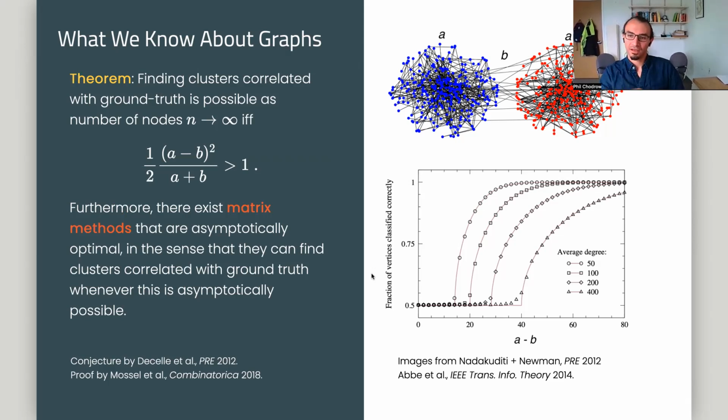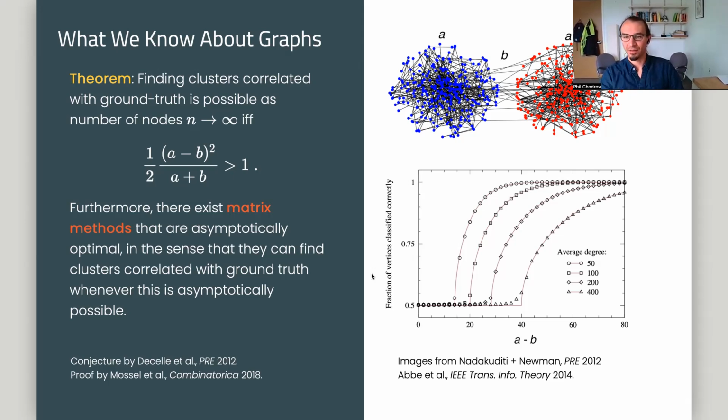Folks looked at eigenvector methods for studying this clustering problem, and it was proven that these matrix methods are actually asymptotically optimal, in the sense that as n grows large, they can find clusters correlated with ground truth whenever that task is possible at all.